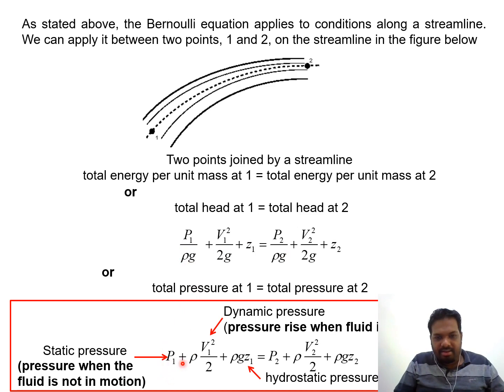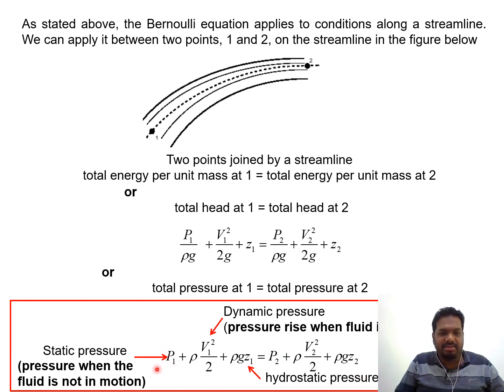So you can get the final version: P1 plus rho V1 square over 2 plus rho gZ1 equals P2 plus rho V2 square over 2 plus rho gZ2.